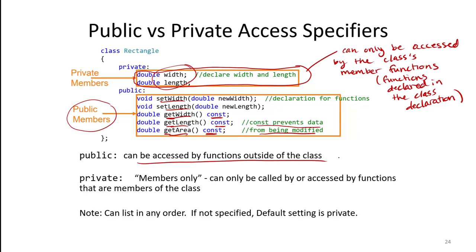So here, any other part of my program can call getWidth, getLength, or setWidth, setLength. But if I want to access width and length, I can only do so with those member functions. So once again, anything designated as public can be accessed by everything. Anything designated as private is members only. It can only be called or accessed by functions which are members of that class.